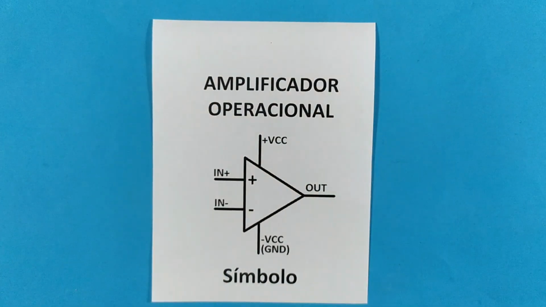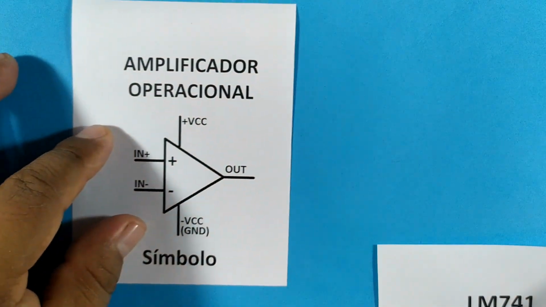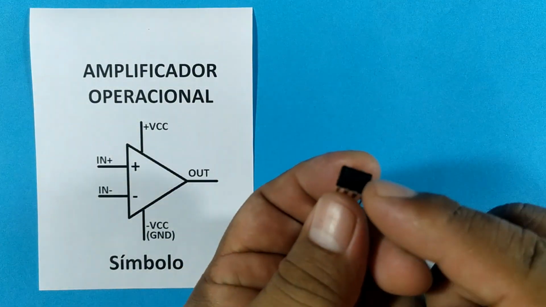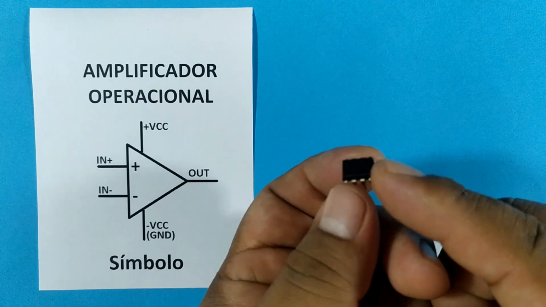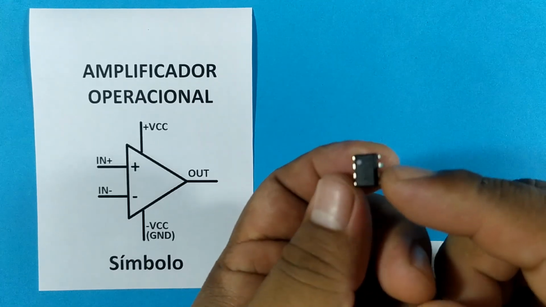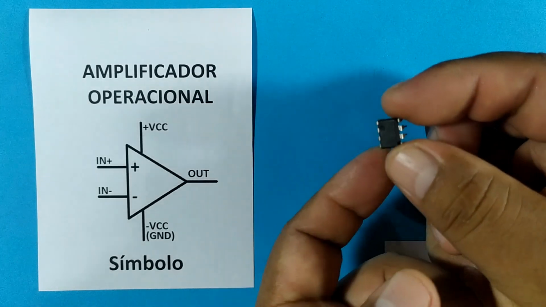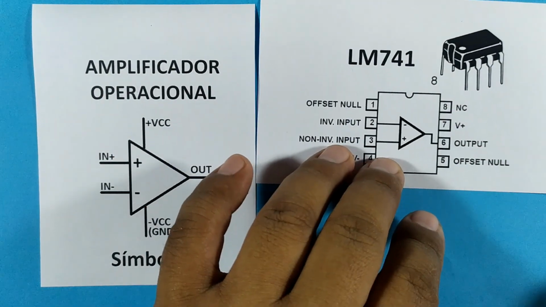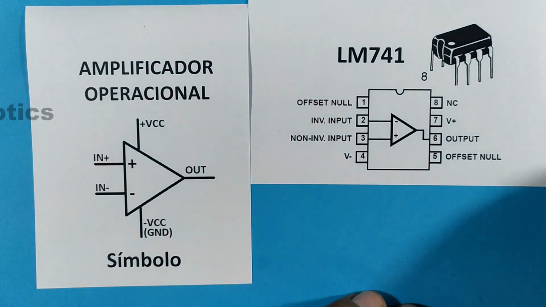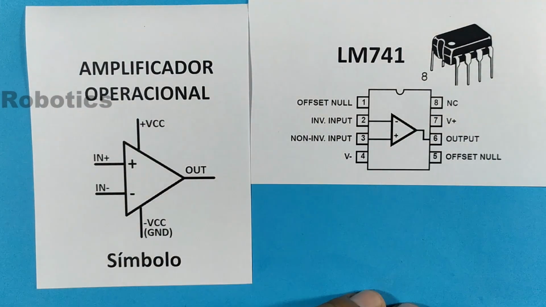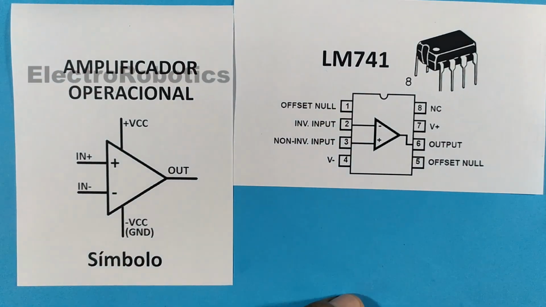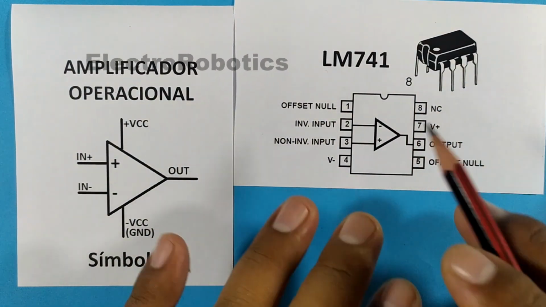Before continuing, let's look at the packages, that is, how operational amplifiers are presented. First, you can find them in 8-pin packages, 4 per side, as is the case of the LM741 amplifier, which is the most common model, but I don't use it much. Since the 741 is widely used by students, it has a drawback.